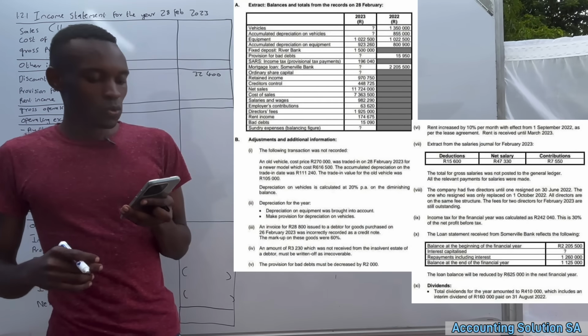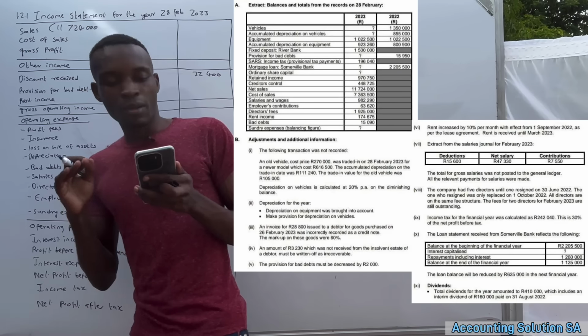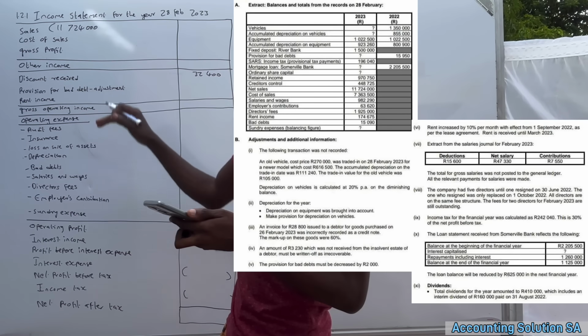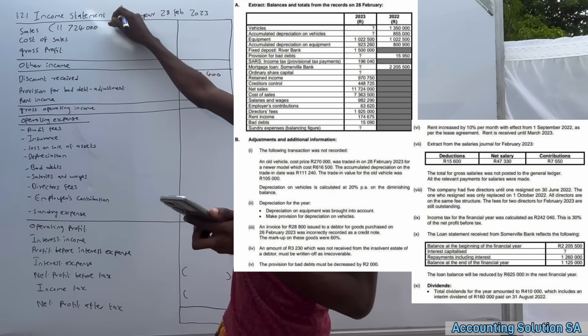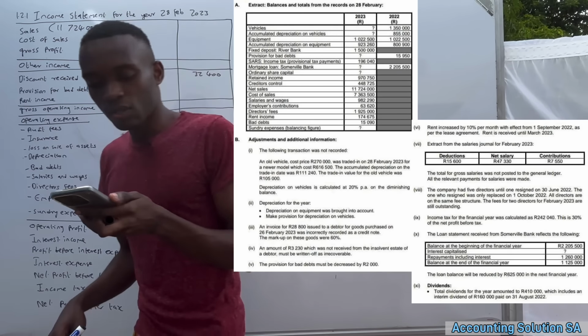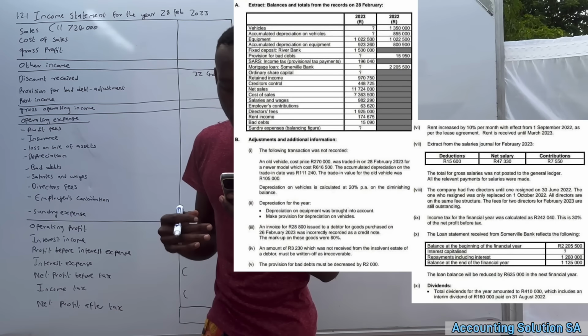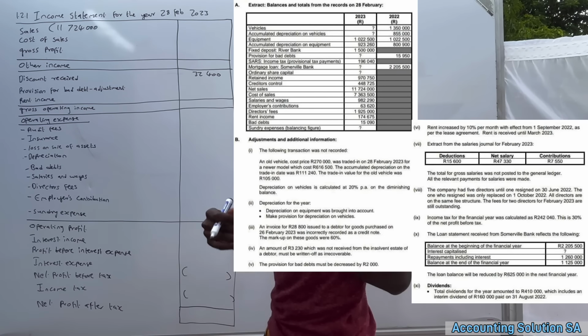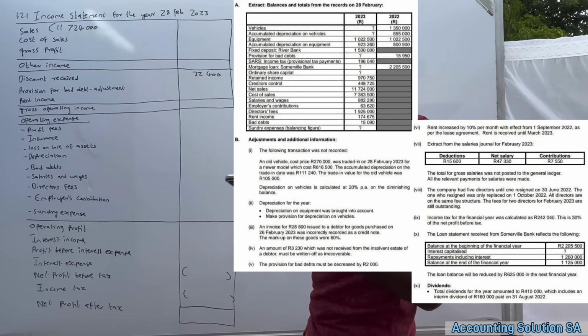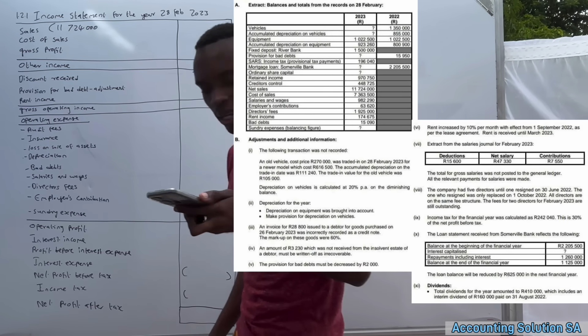Okay, so in this case we don't have any debtors allowance in our records, which means that we go to information number 3, which I found has an effect on sales. They said that an invoice of 28,800 issued to a debtor for goods purchased on 28 February 2023 was incorrectly recorded as a credit note.